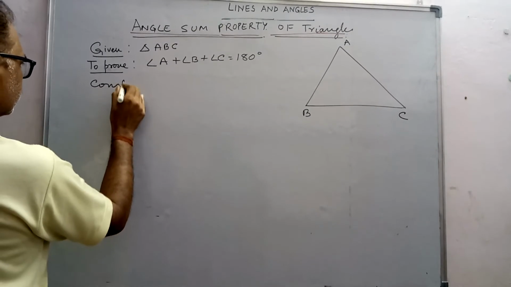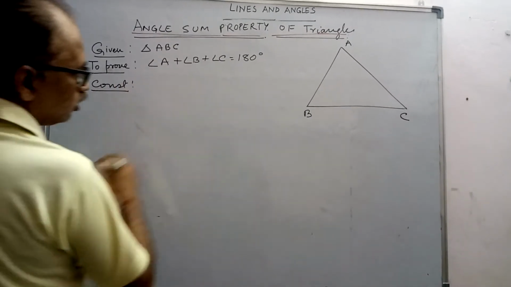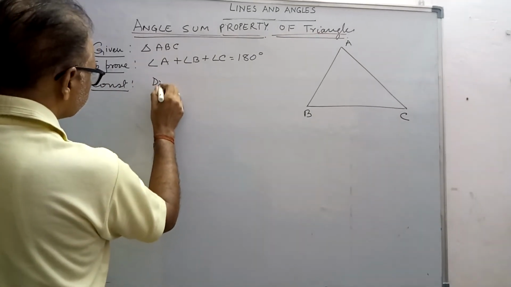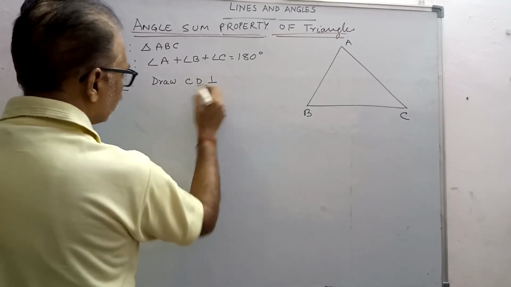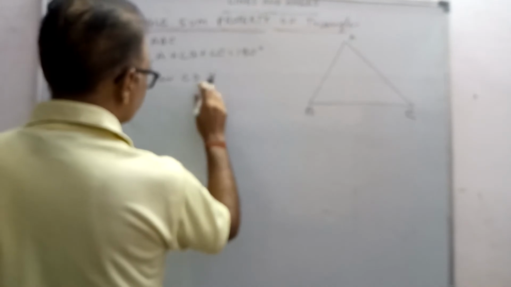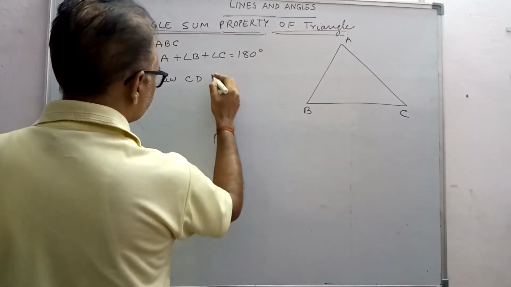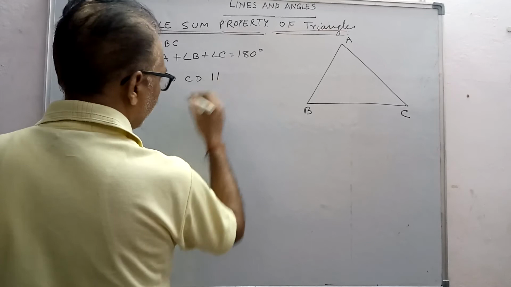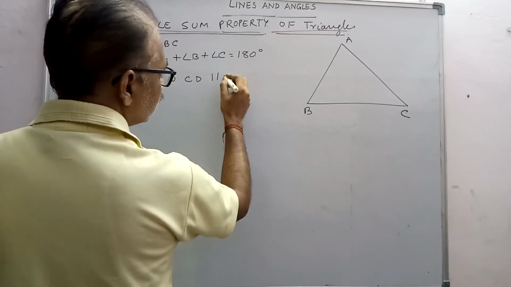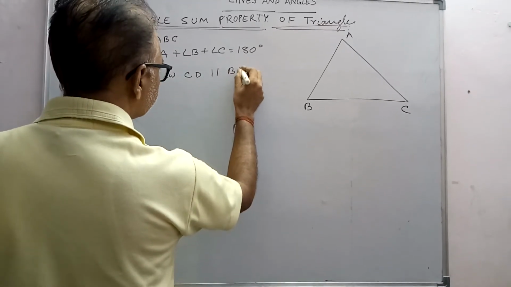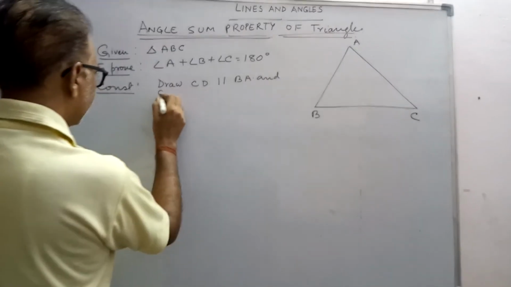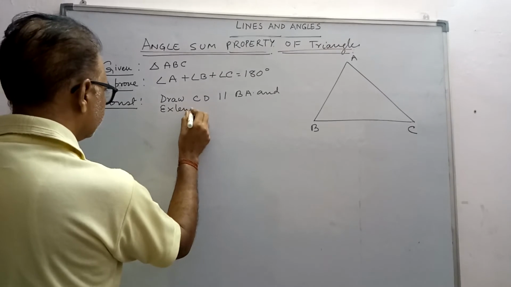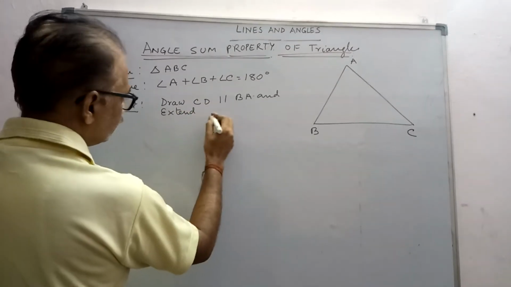Construction: draw CD parallel to BA and extend BC.